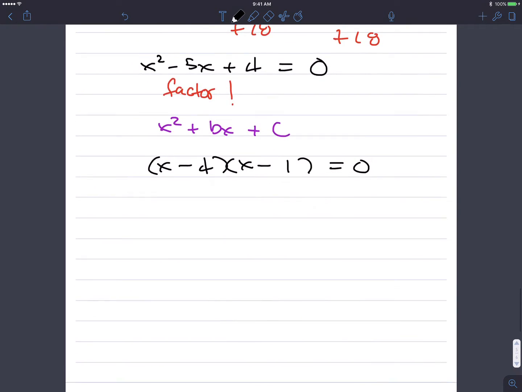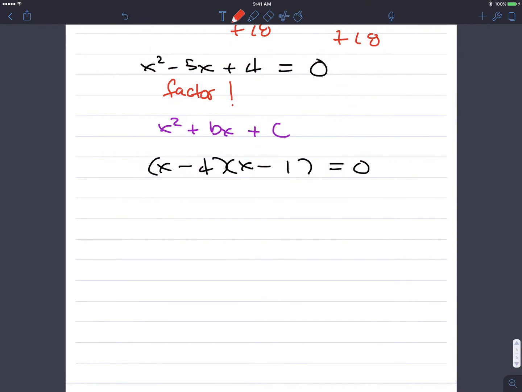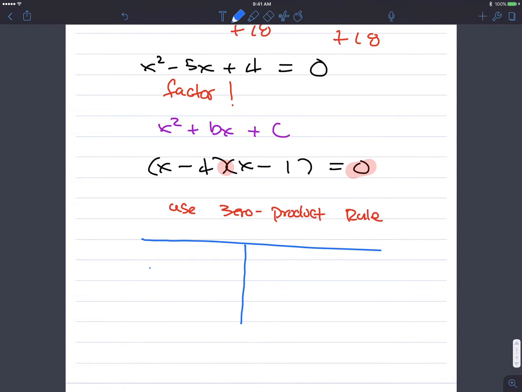Okay, so I'm going to write this in our notes here. Use the zero product rule because you have a product now and it does equal 0. Okay, so the zero product rule says this. Set both of those terms equal to 0.